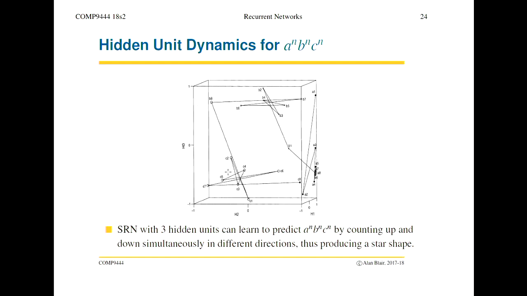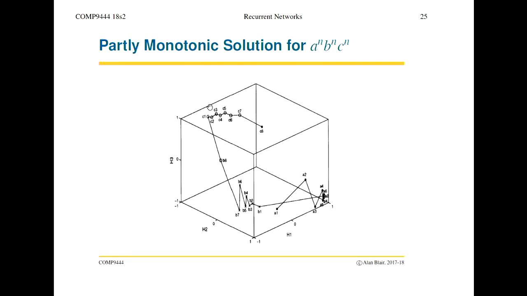And the same thing for the C's. Okay, so it's quite interesting. And then you can have monotonic solutions for this as well. Here the A part is oscillating, the B part is oscillating in one direction and monotonic in the other, and the C part is monotonic.